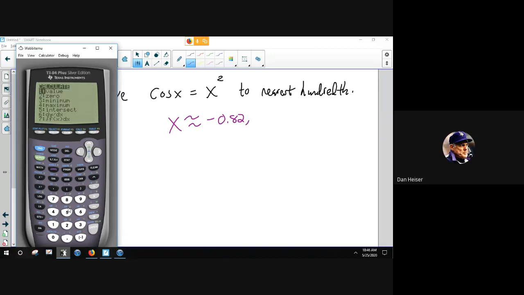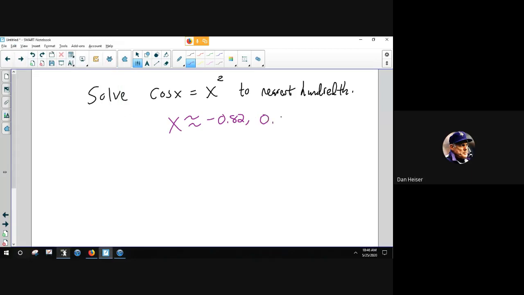Calc, intersect, first curve, second curve, and I think they intersect there. That process still finds the intersection positive 0.82 approximately. Using your calculator to solve more complex equations.